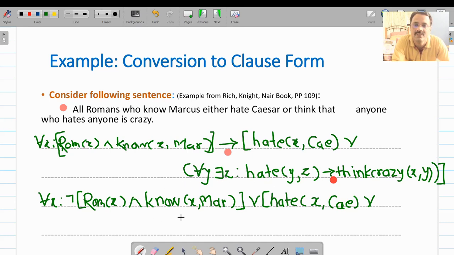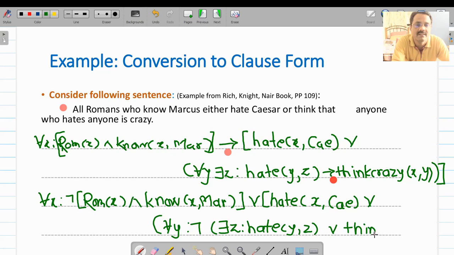Write this bracket as it is, for all y, now not there exists z, hate y z, not of a or b, or think crazy x y.